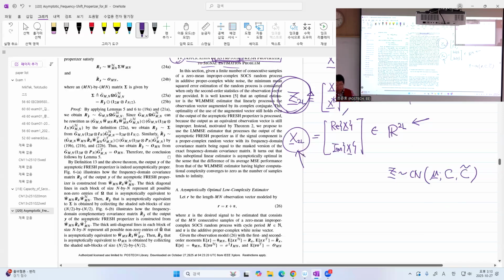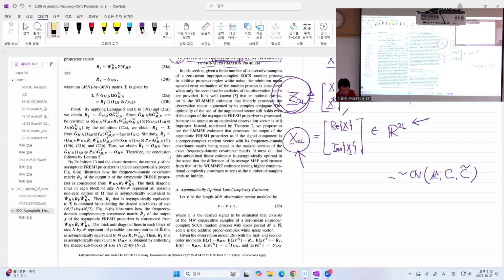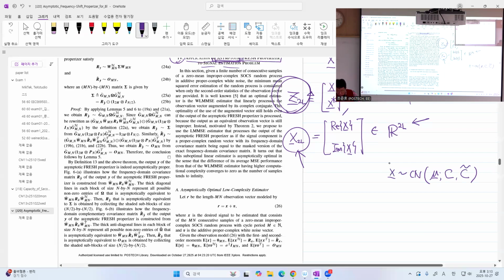In that case, if you consider Z that is length 2L, then still you have a complex valued one, now with a mean vector twice of its length, and you have some correlation and complementary correlation.